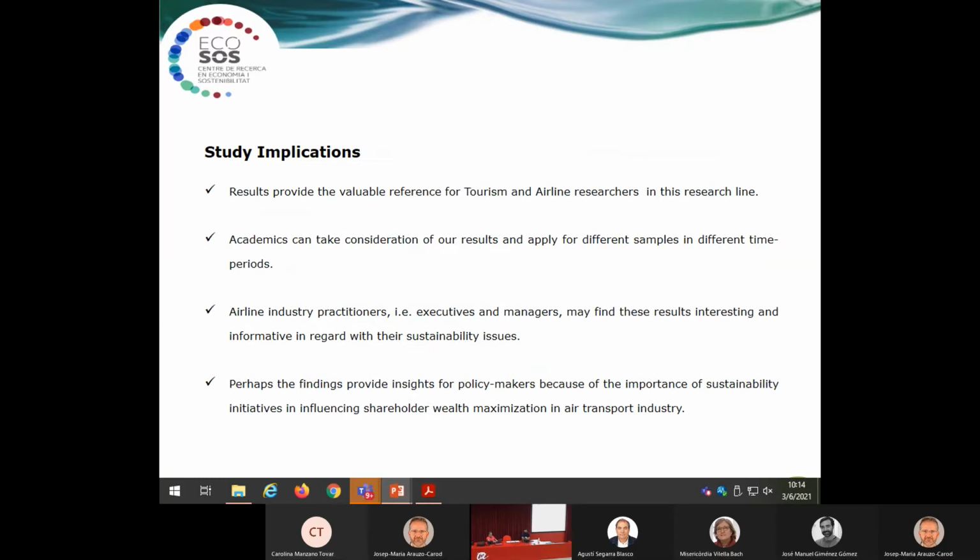We expect some implications because this is the first study specifically for the airline industry. Studies in this research stream are limited in general. So we offer some empirical evidence to the current body of literature. Also, our findings could be considered by airline practitioners to help them manage their social decision process.